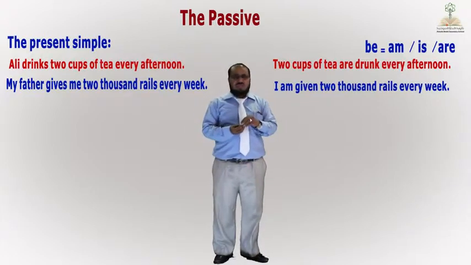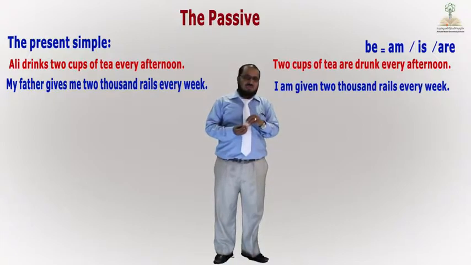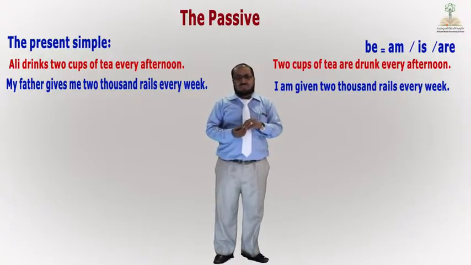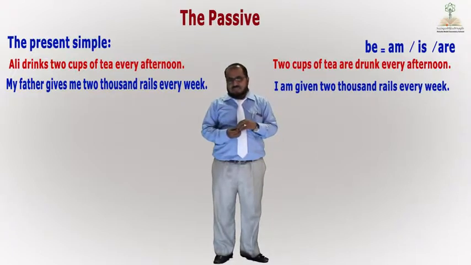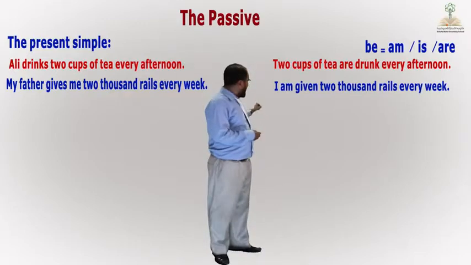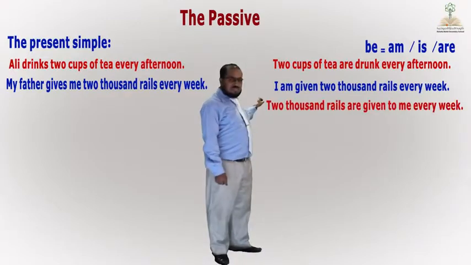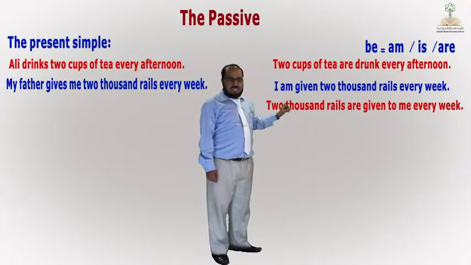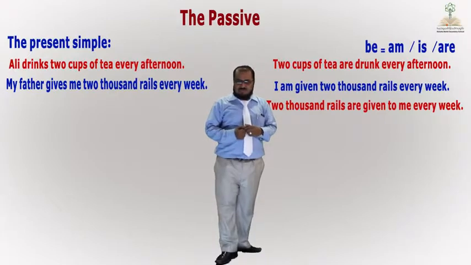Because here the object after the main verb was me, but also 2,000 Yemeni riyals is another object. So let's start with 2,000 Yemeni riyals. Here the object is plural: 2,000 Yemeni riyals are given to me by my father.